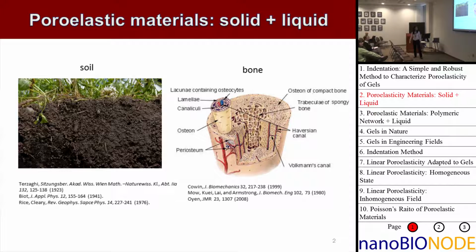Lately this theory was also started to be used on biological materials like bones, and a lot of people in this workshop presented their important works on bones. Michelle also did some work on bones from the perspective of poroelasticity, right?